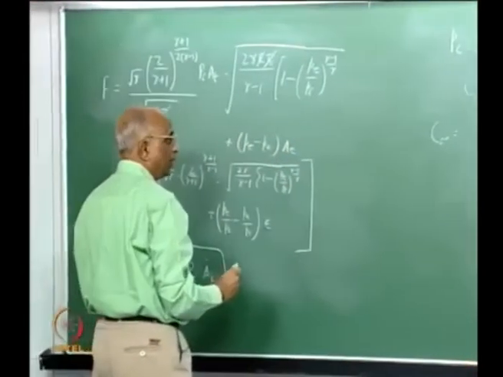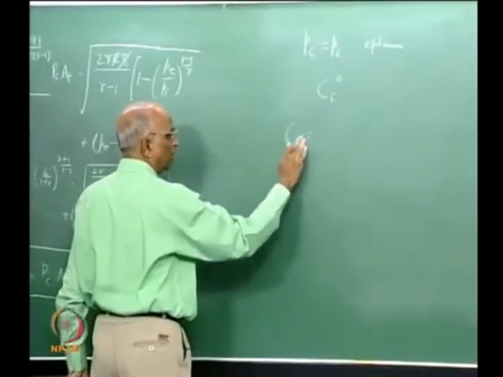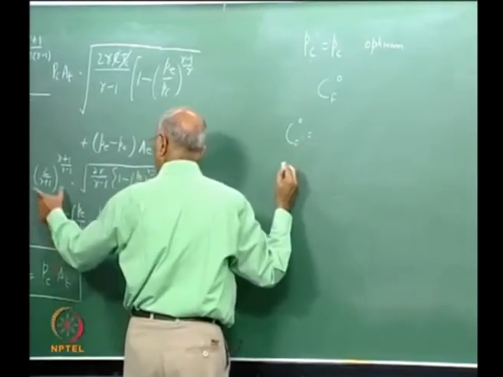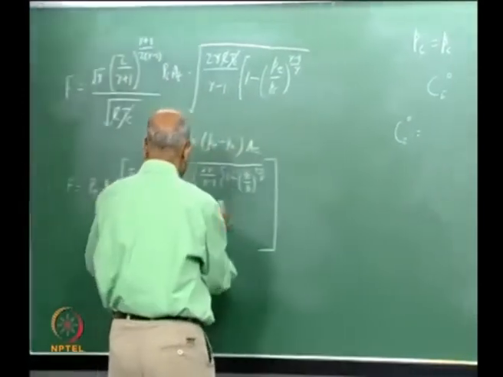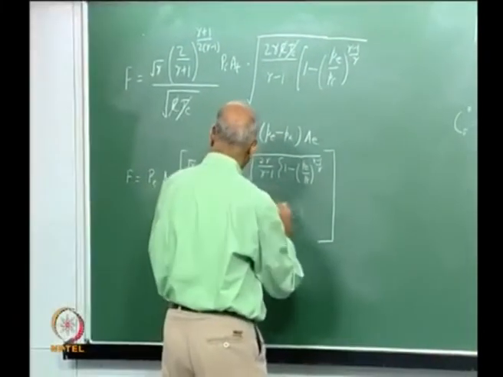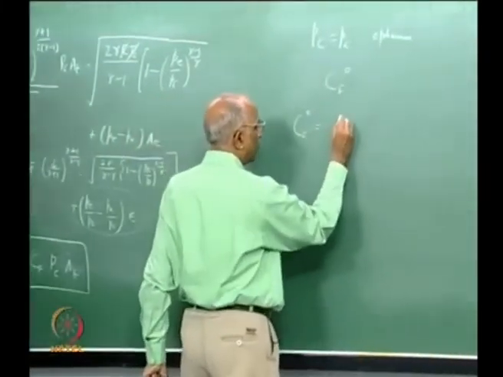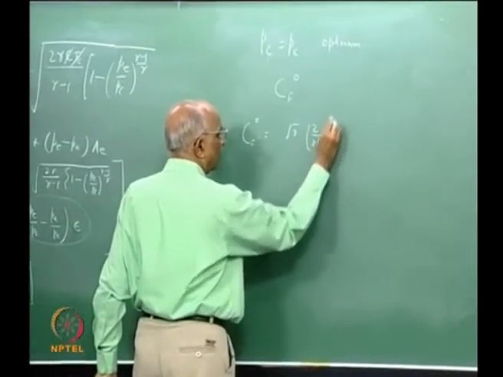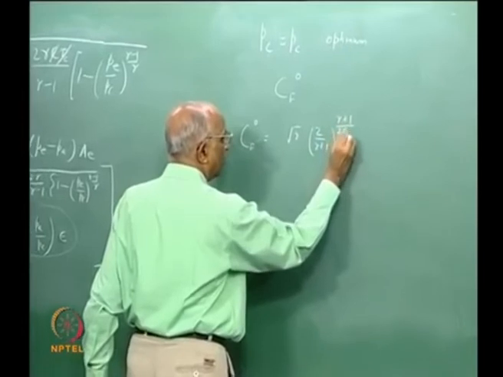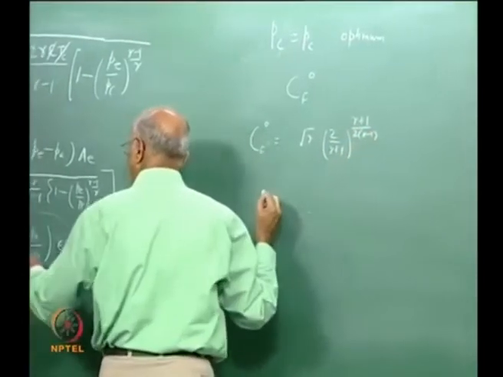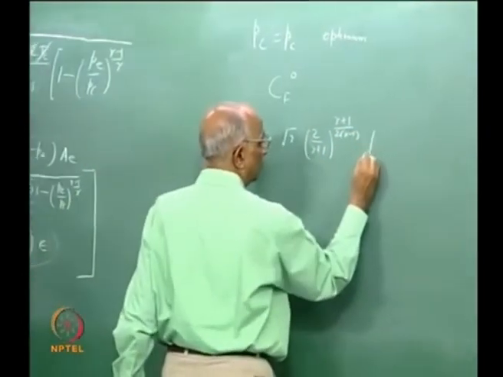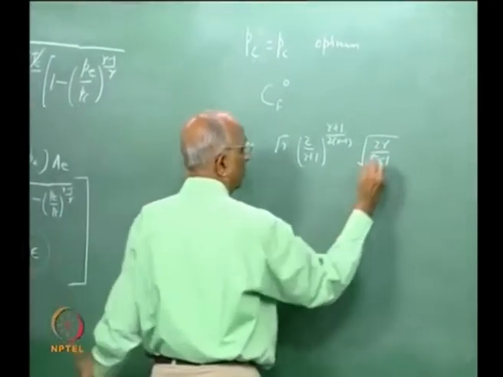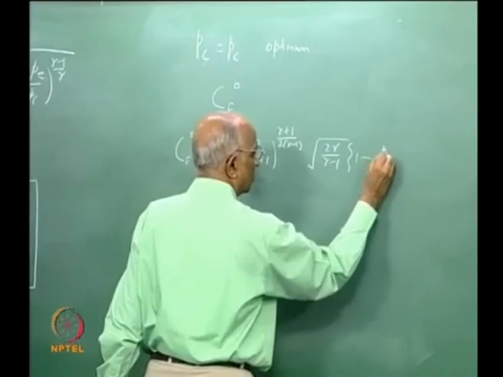I just write the whole expression other than this particular term which goes to 0, and I get CF0 equal to under root gamma 2 over gamma plus 1 divided by 2 gamma minus 1 into under root 2 gamma by gamma minus 1 into 1 minus P by.